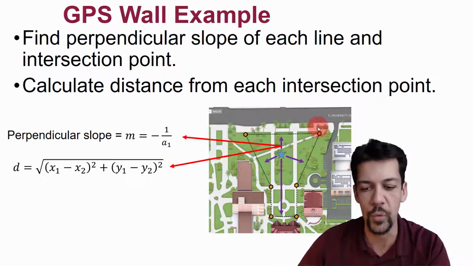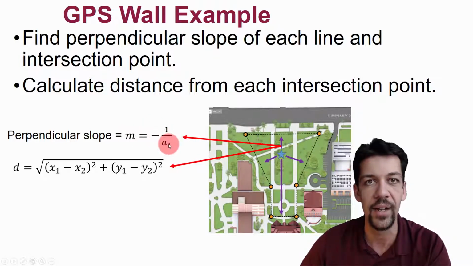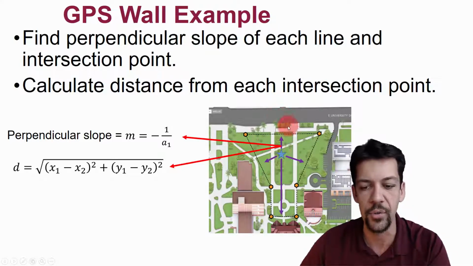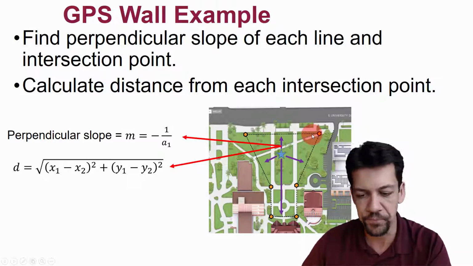And the way we do that is we take the equation of the line for one of our boundaries, and we take the slope from that and get a perpendicular slope. So a perpendicular slope gives us a line that's perpendicular to the boundary line, right?